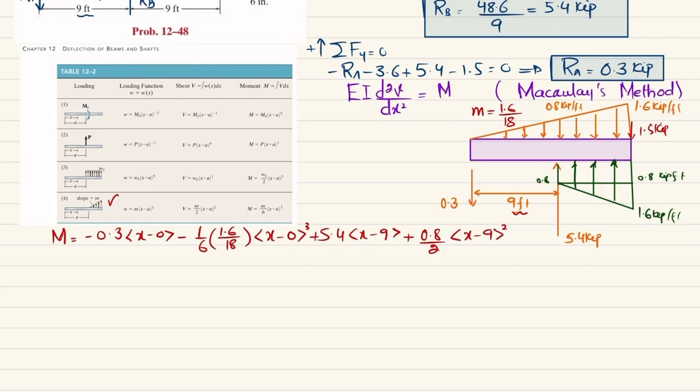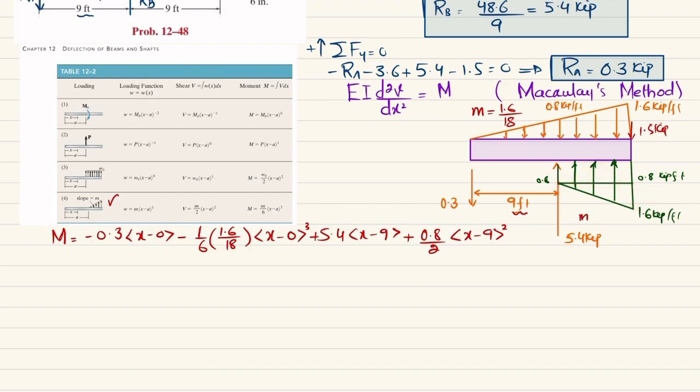Okay, and the last load is this uniformly increasing load that starts from 0.8 till 1.6. So slope m for this will be equal to perpendicular, which is, again, this remaining height will be 0.8. So 0.8 divided by this base, which is 9 feet. So this will be the m.